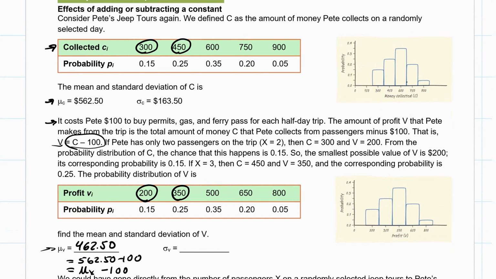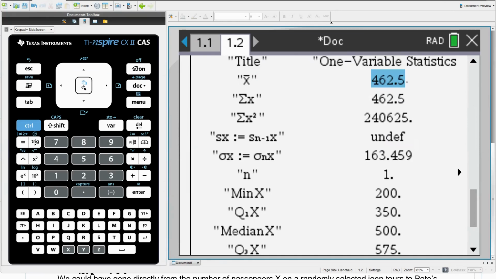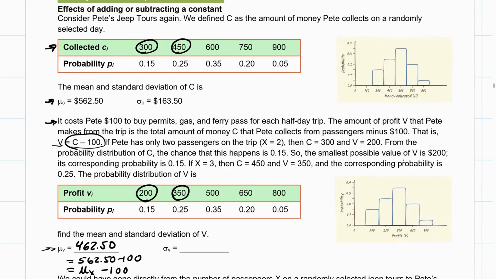Sure looks that way. What about the standard deviation? The new standard deviation is 163.46. How's that compare to the old one? Oh, well, except for the rounding, they're the same.